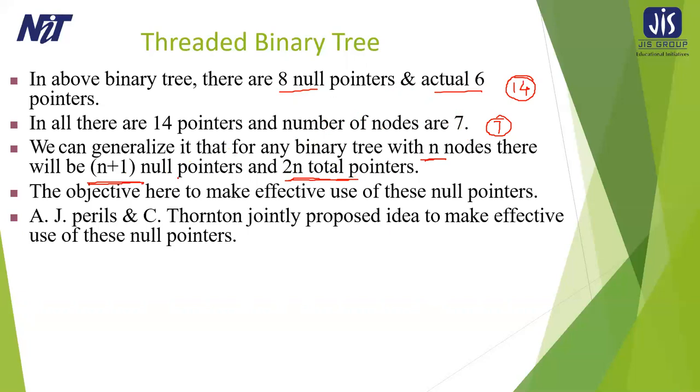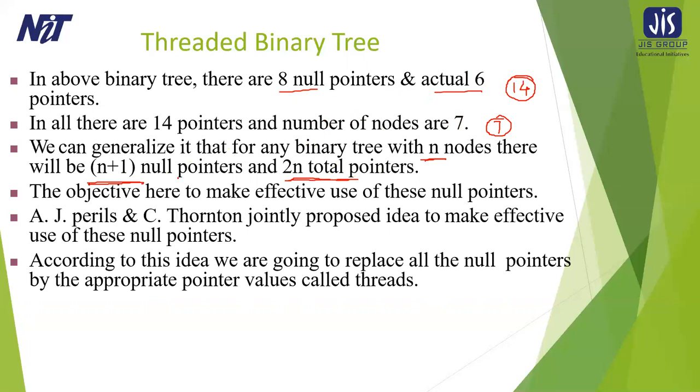Perlis and C. Thornton jointly proposed an idea to make effective use of these null pointers. According to this idea, we are going to replace all null pointers by appropriate pointer values called threads.